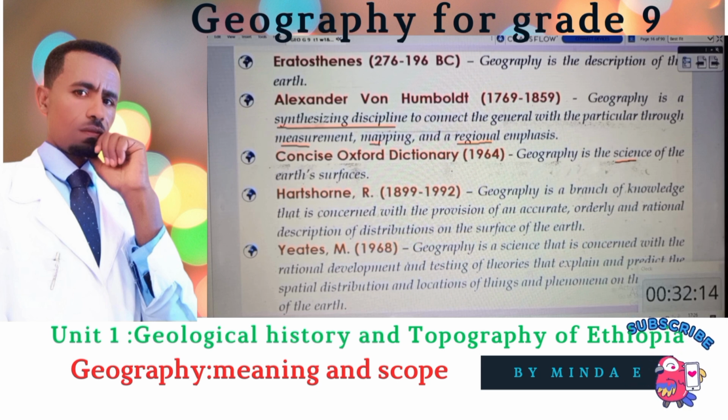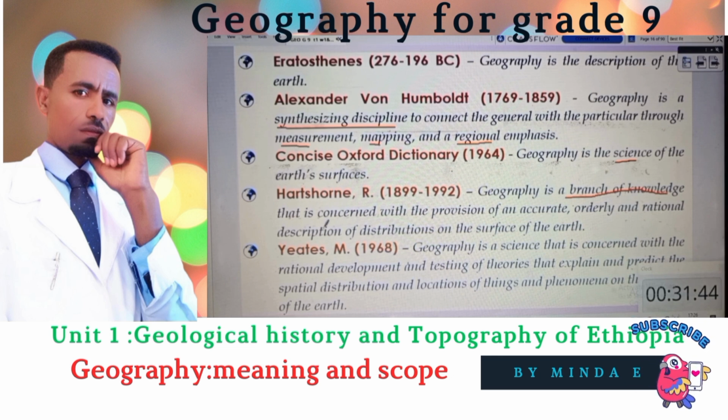So, geography is a science of the Earth's surface. Okay, Hartshorne defines geography as a branch of knowledge.